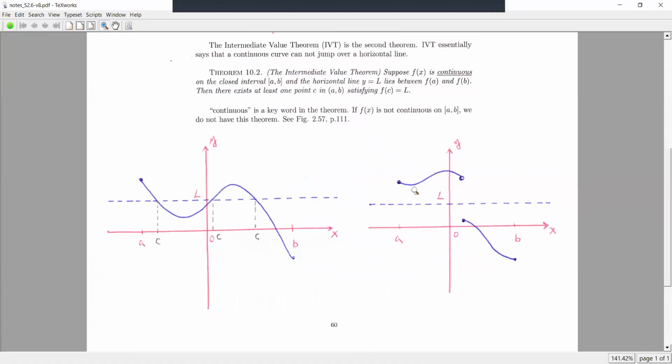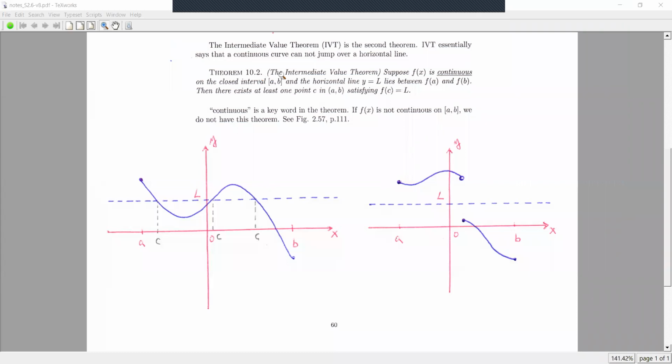A curve that is not continuous can jump over a horizontal line. But a curve that is continuous cannot jump over a horizontal line. A continuous curve must intersect the horizontal line at least once.